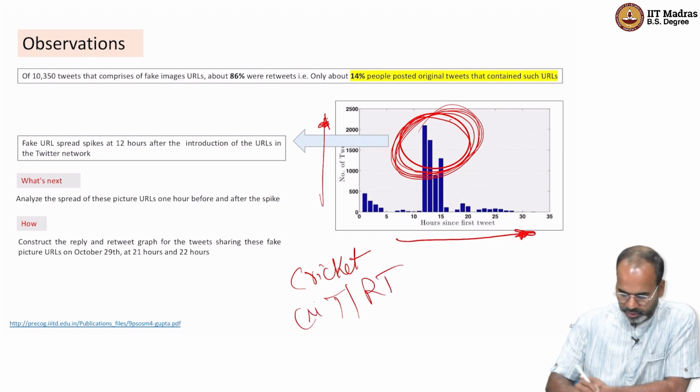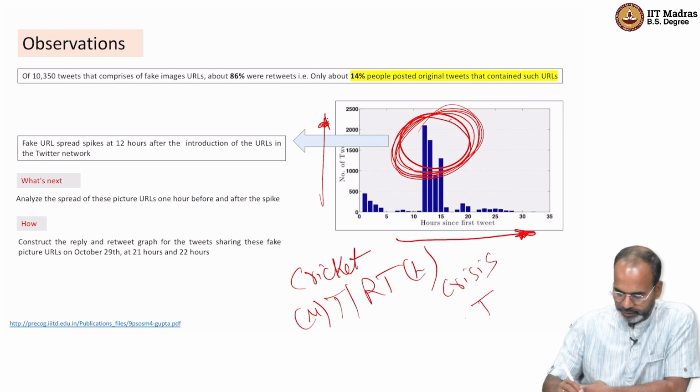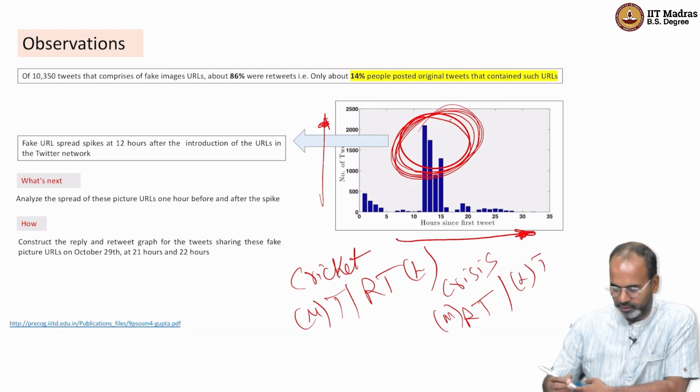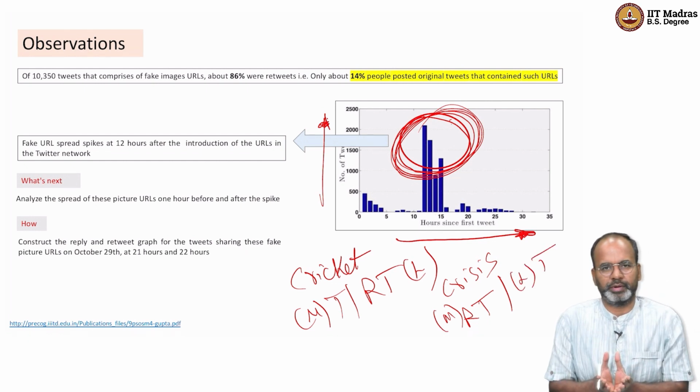This is more, this is less. Whereas a crisis will create more RTs but fewer tweets. Only a few people are involved in the tweet.